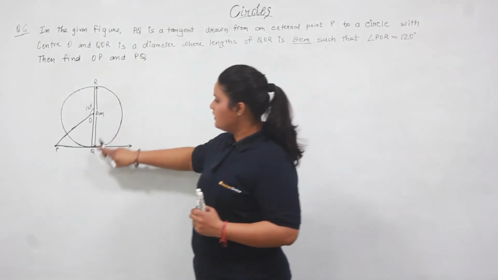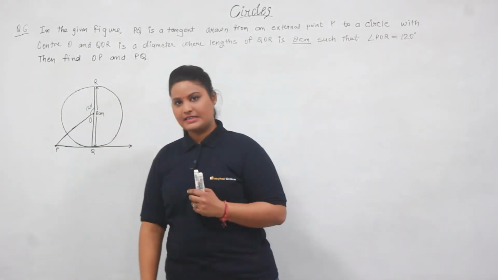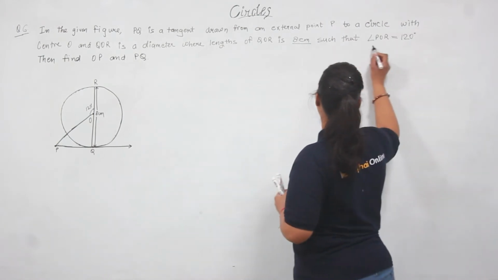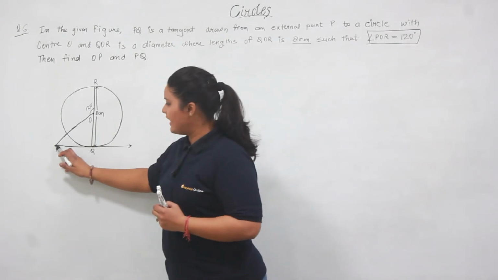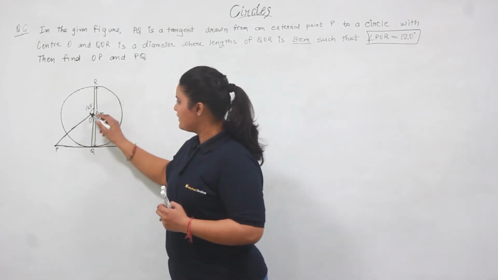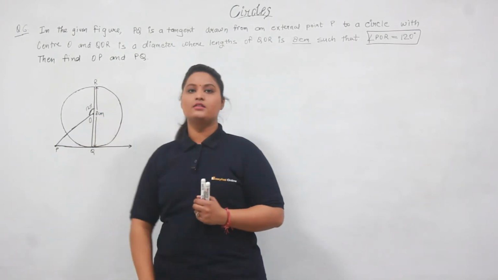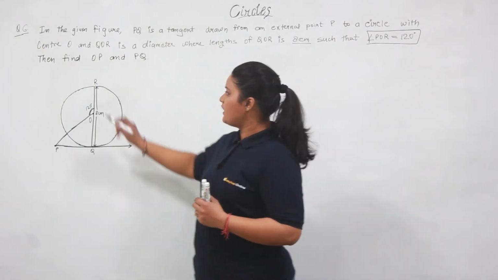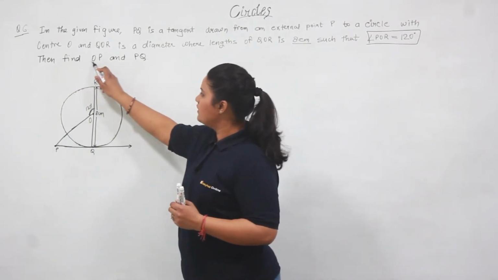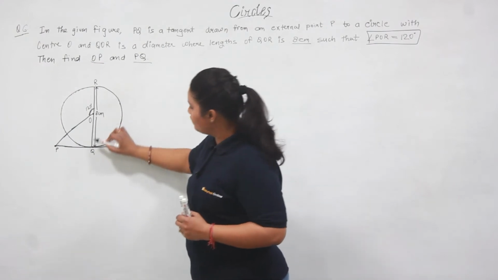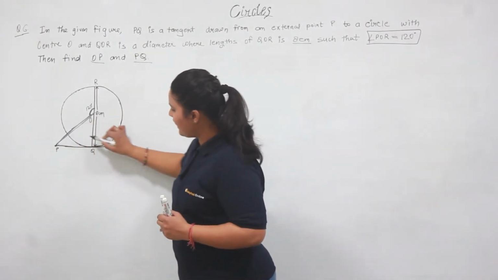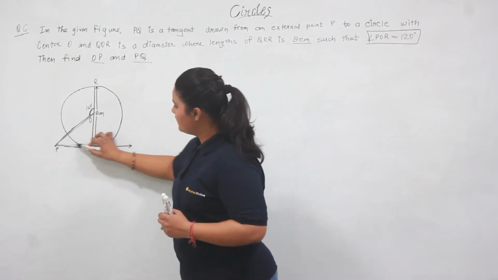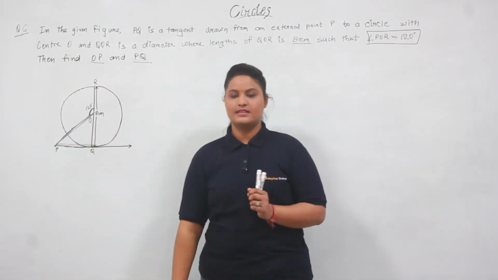It is given diameter is equal to 8 centimeter, such that angle POR is 120 degree. Now you have to find out OP and PQ, means we have to find OP, this one length, and PQ, this one length. Clear? Is it clear to everyone?